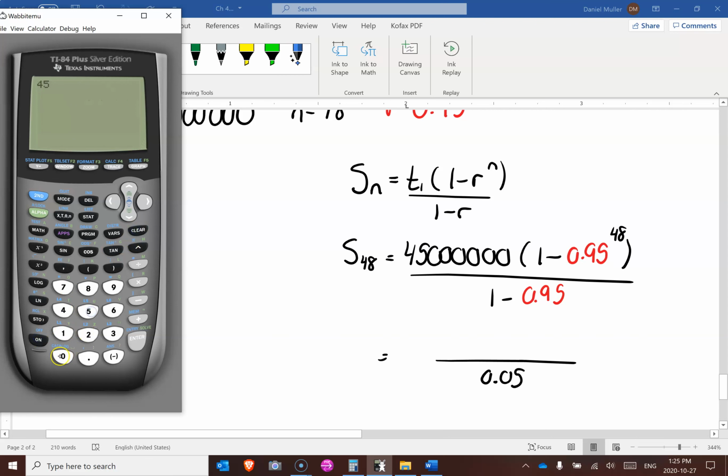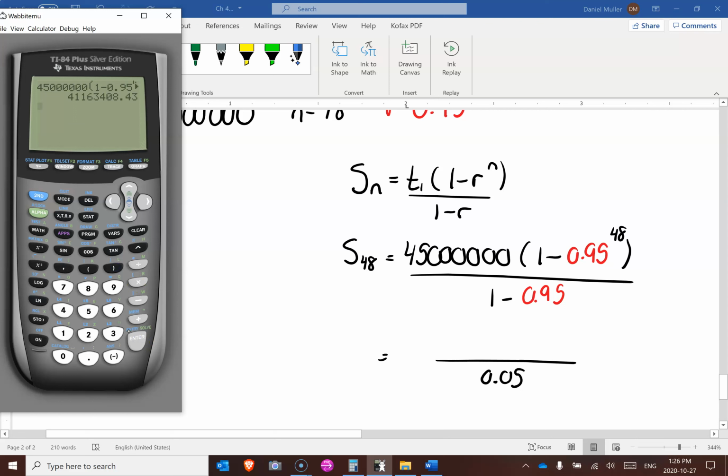So 45 million, bracket, 1 minus 0.95. I don't need that in brackets. It's not negative, to the 48. And then close the bracket. What do I have?